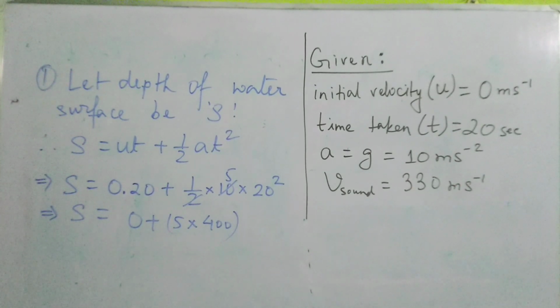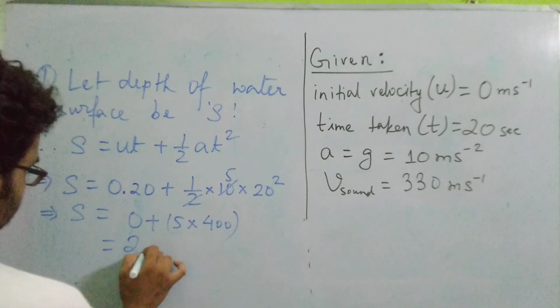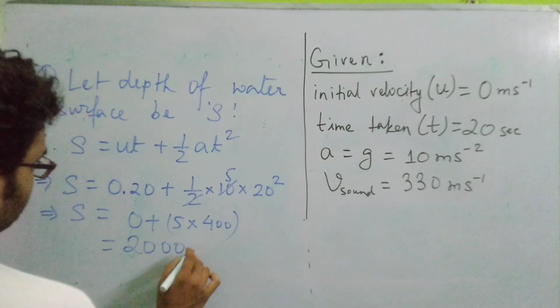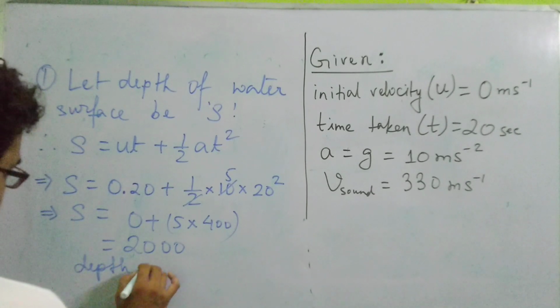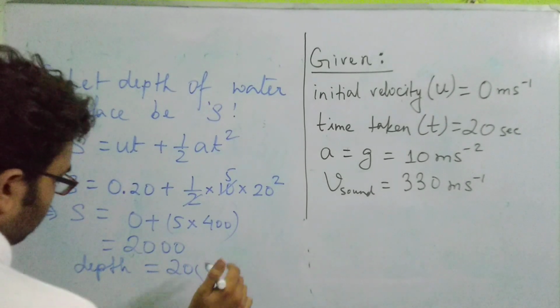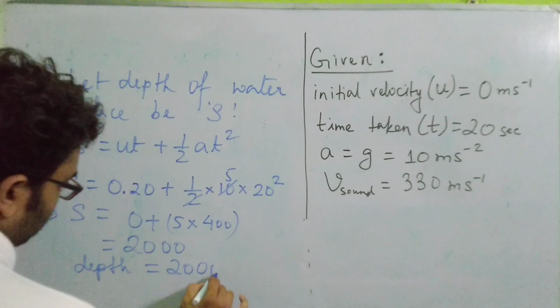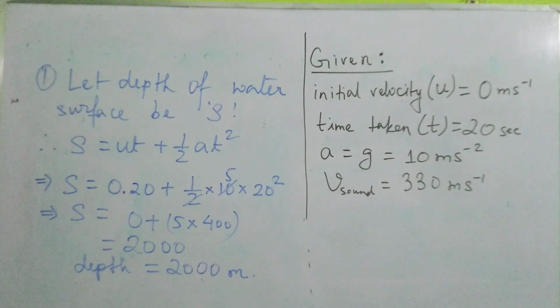How much is the value? 5 into 400, it's 5 into 4 is 20, and there are additionally 2 zeros, so 2000 meter. So the depth of the water surface is actually 2000 meter, or you can also consider it to be 2 kilometer. Okay, whatever it is. So this is the first part of the solution. I hope the first part is clear to all of you.